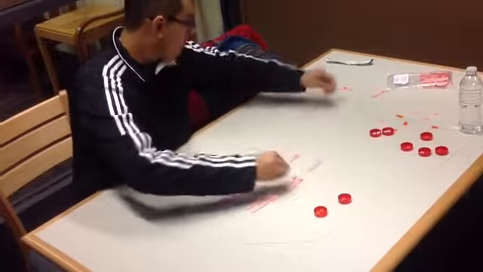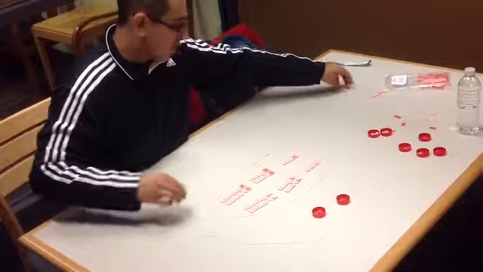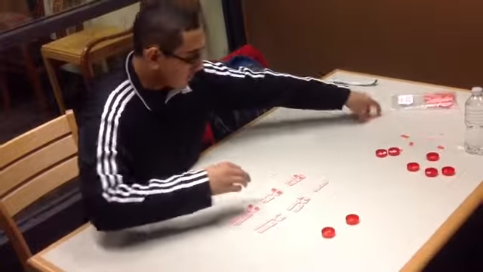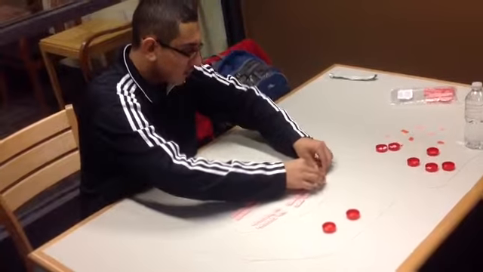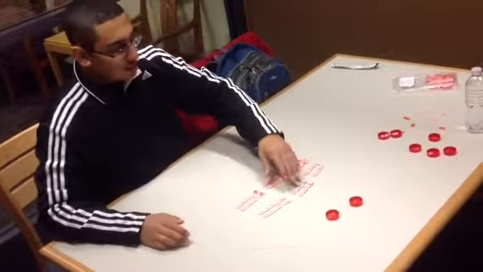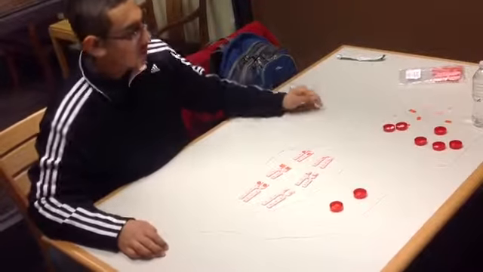Alright, so let me put these for a second. So then as it develops, you have G2, which is finishing development, and then you start the first cell division.